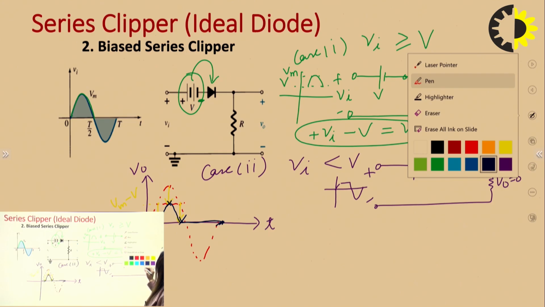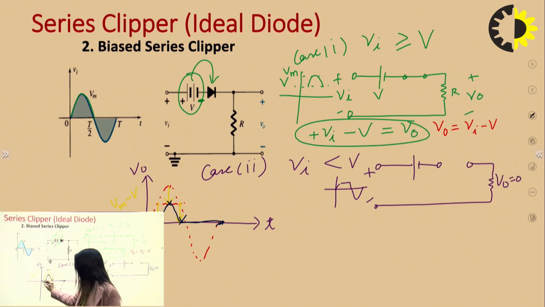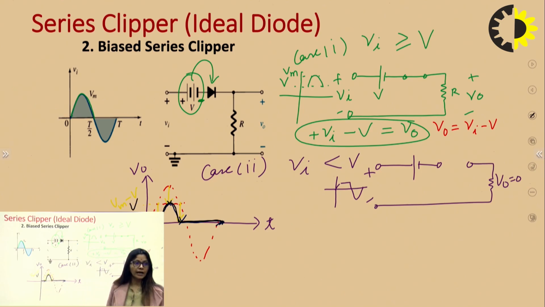So the final waveform which we are getting, which I am drawing now, this is the final waveform. This point was V, so it will go down by this particular part, and hence we will get the waveform of the clipper, series clipper.